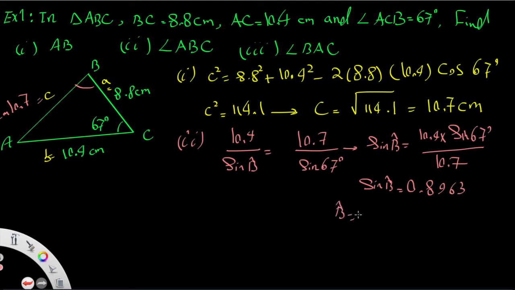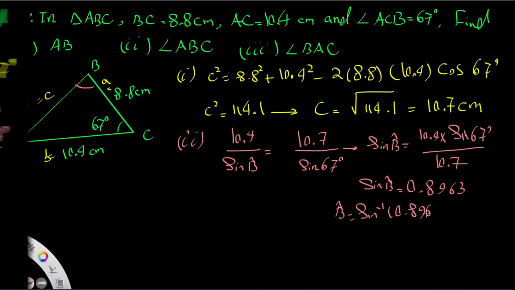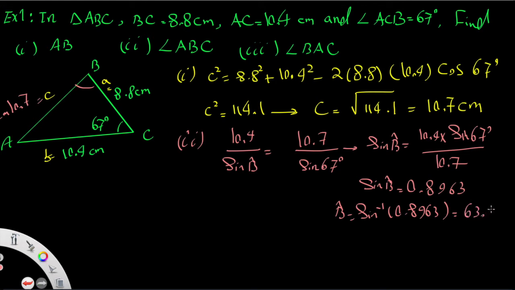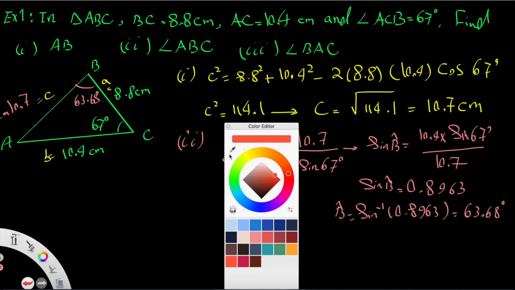Then B will be sine inverse of 0.8963, which is equal to 63.68 degrees.